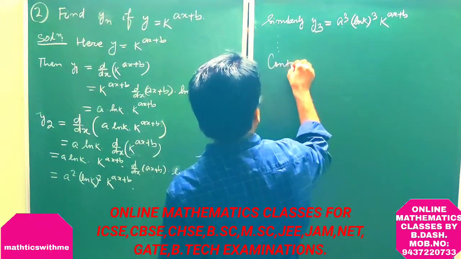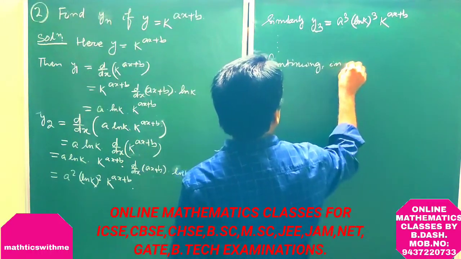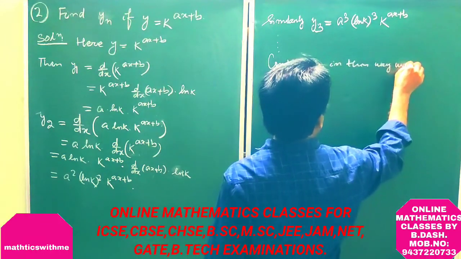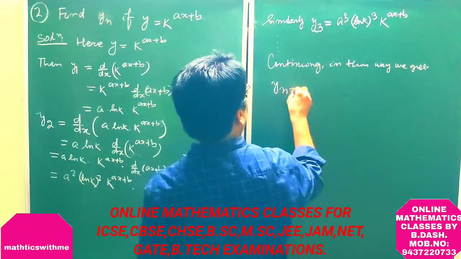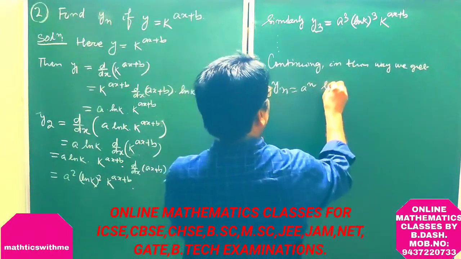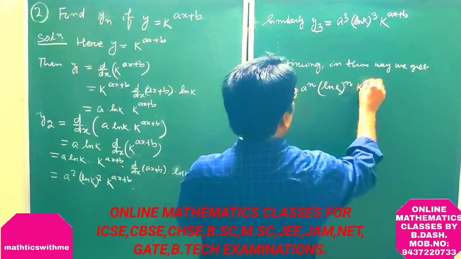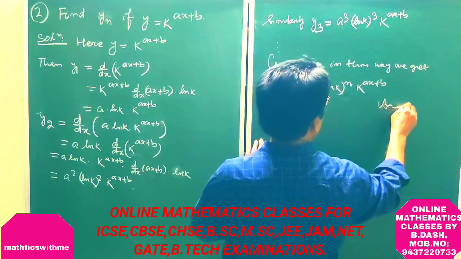Continuing in this way, we get yn is equal to a to the power n, ln k to the power n, k to the power ax plus b. Answer.